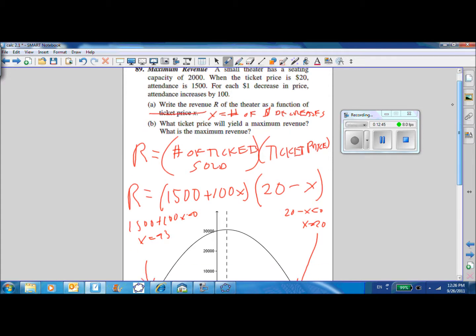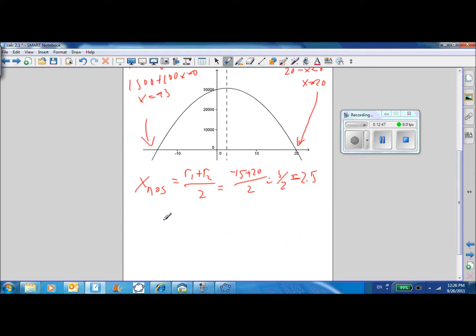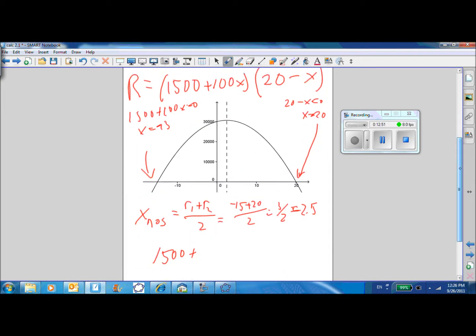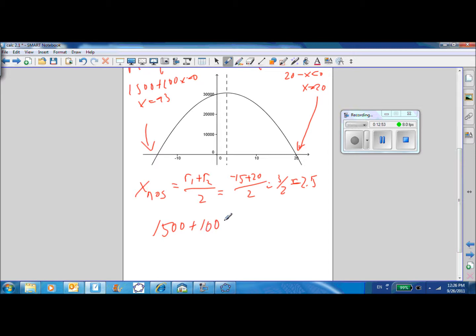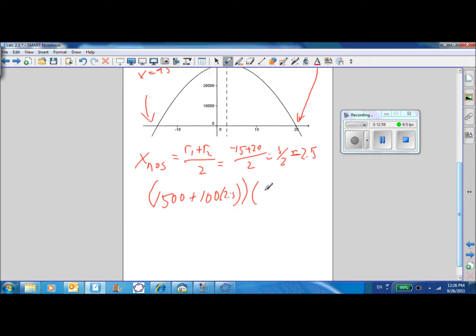So let's put 2.5 in the equation. 1,500 plus 100 times 2.5, times 20 minus 2.5. So we're down to $17.50 for the price of the tickets.